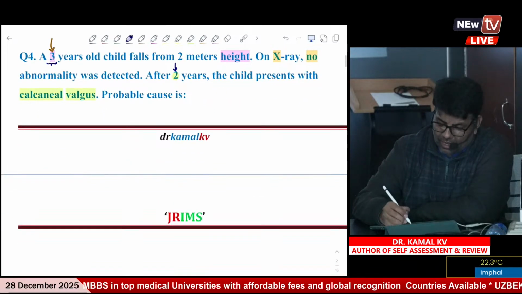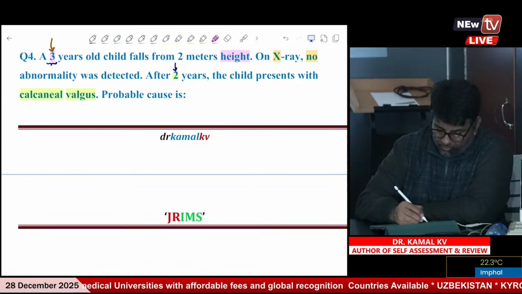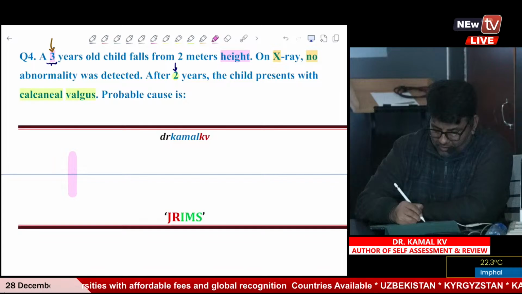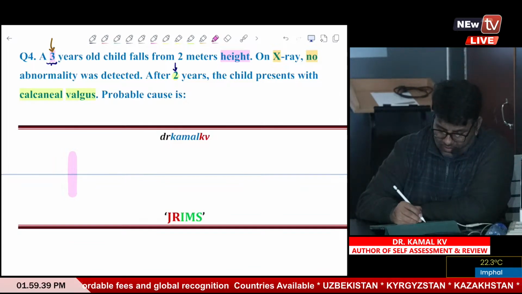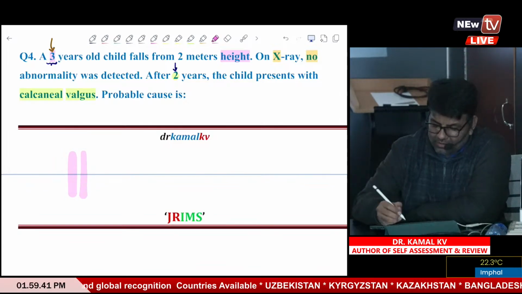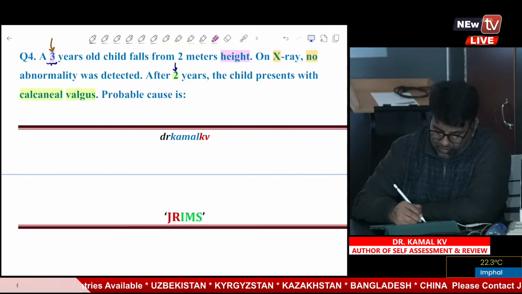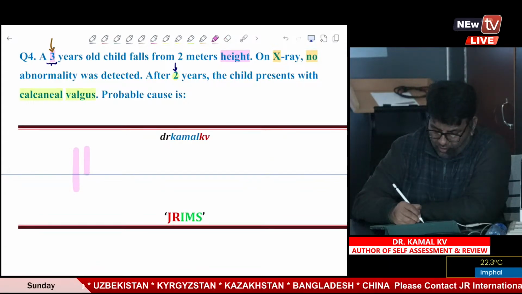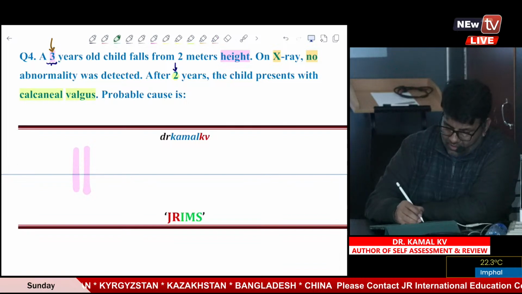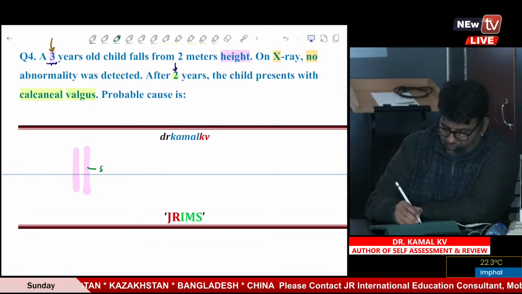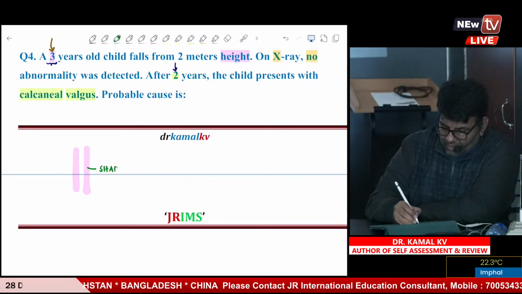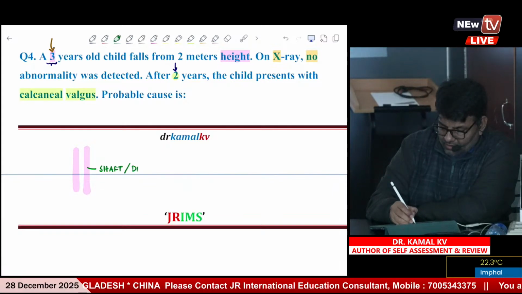When we discuss the anatomy of a long bone, the middle part is known as, what is the middle part? Shaft. Very good. And what is another term for shaft? Shaft is also known as diaphysis. Clear?